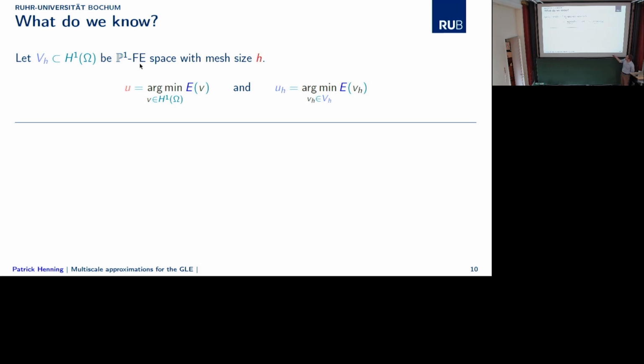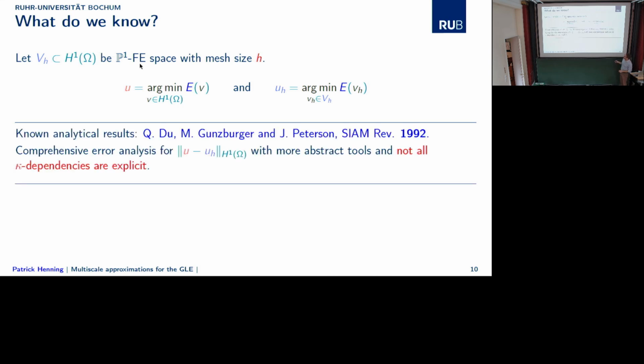What do we know about the error between U and UH? If we assume that we can compare U and UH, which is tricky, I will get back to this, then the convergence was actually already answered, again, in that SIAM review article, where they essentially proved that this error goes to 0 with the optimal order.